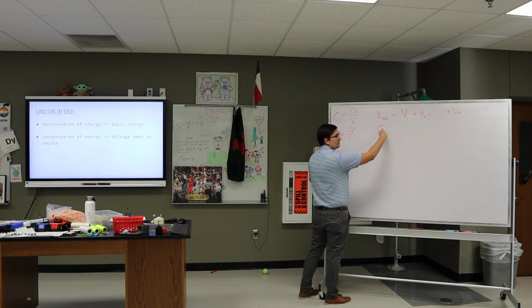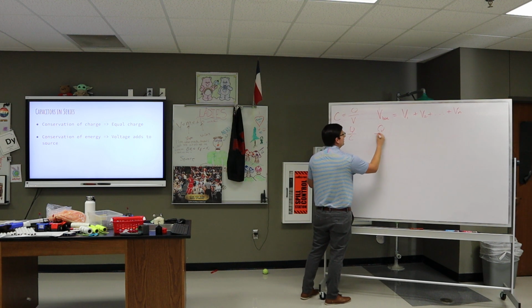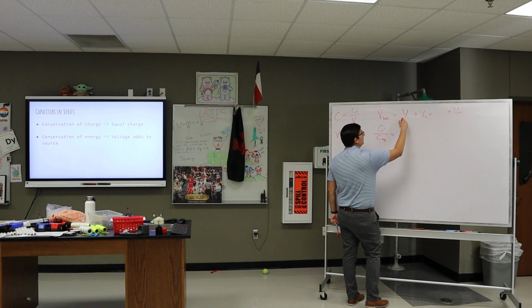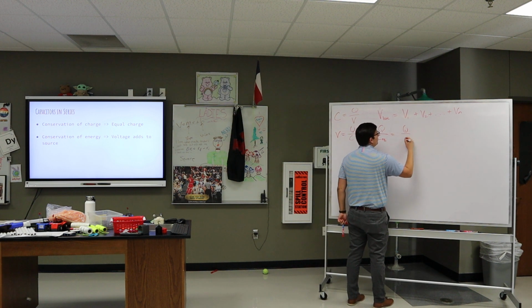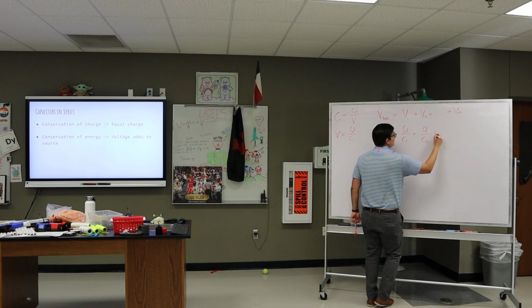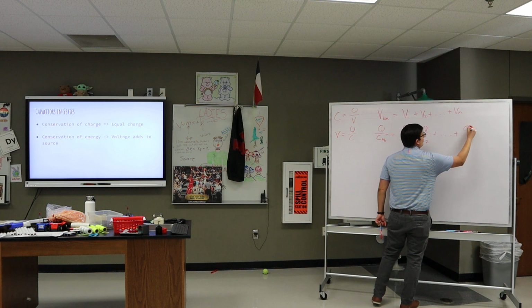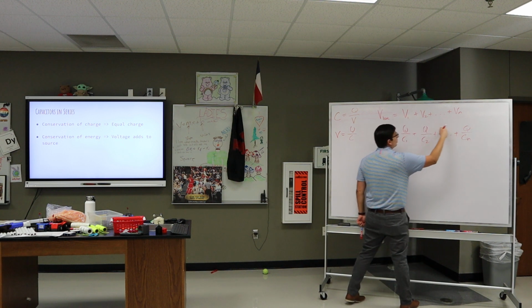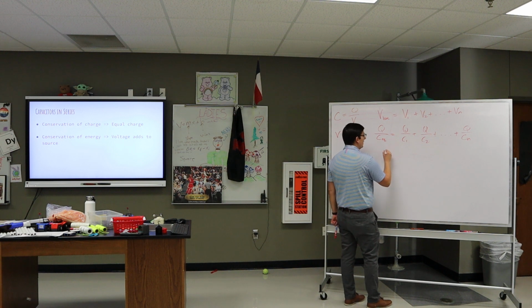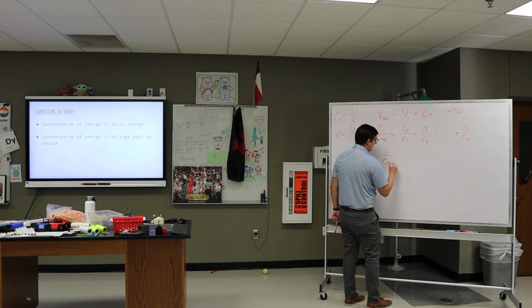And now remember, this Q is the same for everything. Q divided by the equivalent capacitance is going to be equal to the charge on this divided by its capacitance plus the charge on this divided by its capacitance plus so on and so forth. These are all the same Q, so just like the other day, I could divide both sides by Q, and I end up with this equation here.